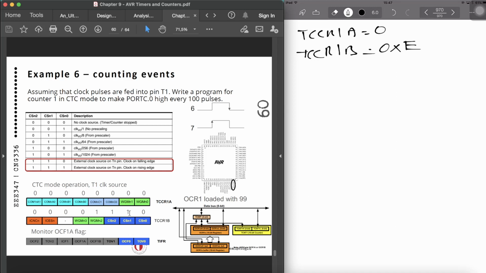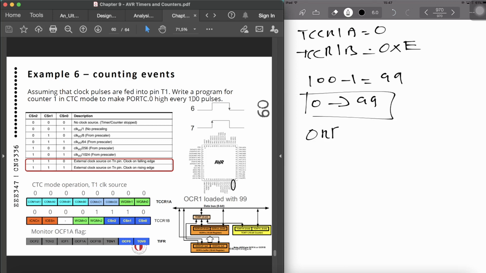Now, it is telling us that it has to be 100 pulses and in CTC mode. 100 pulses means 100 minus 1, 99, because we start from 0 to 99. That will be the count. So we have to load OCR1AH and OCR1AL based on that with 99.